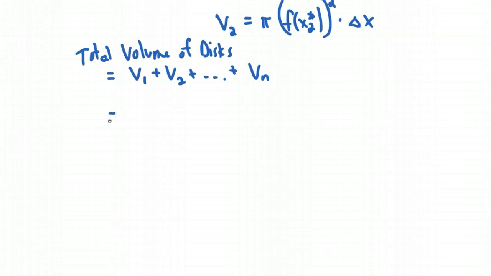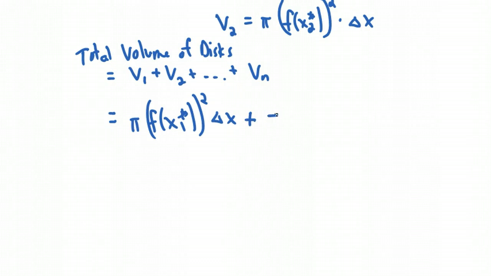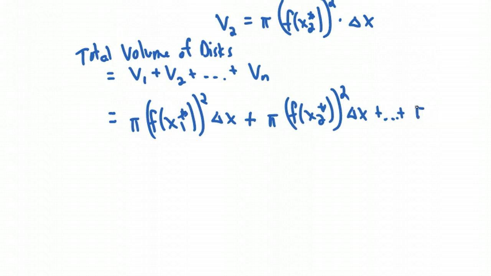Well, V sub 1 will be pi times f of x sub 1 star squared times delta x, where x sub 1 star is a point in that first interval, so maybe the midpoint, let's say. Plus V sub 2 would be pi times f of x sub 2 star squared times delta x, all the way on down into the last one, which is pi times f of x sub n star squared times delta x.